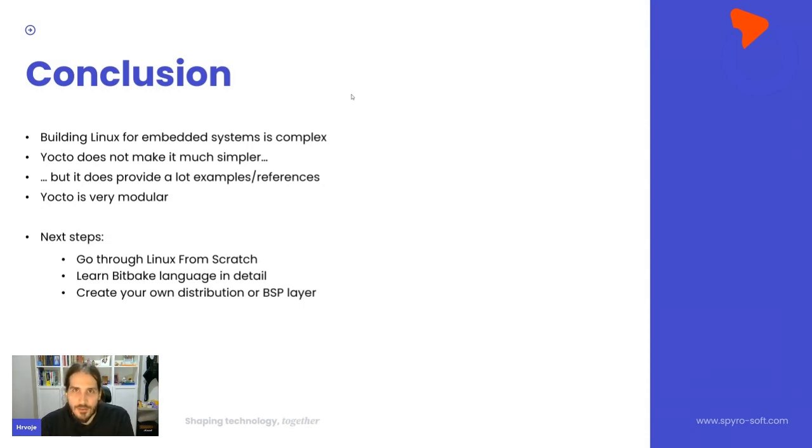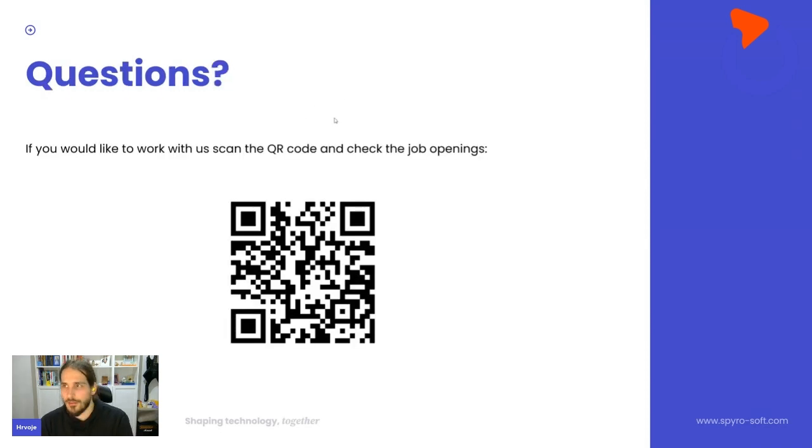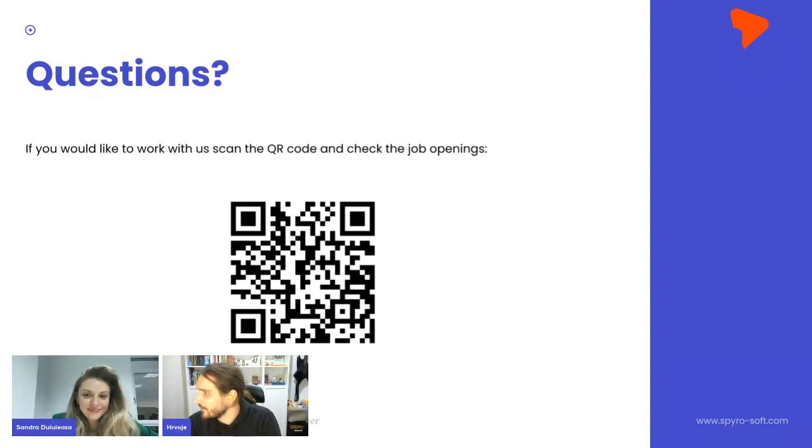It's not too hard. It's very simple, similar to shell, kind of a combination of a shell language and Python. And then you can try to create your own distribution or BSP layer. And yeah, that's pretty much it I had to say. And now I'll try to answer the questions you have.